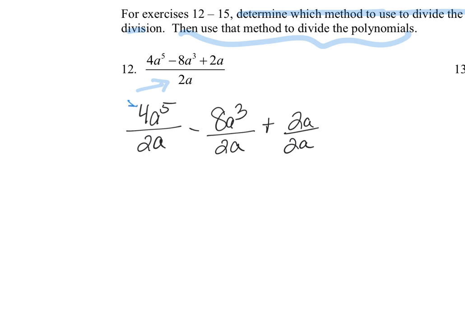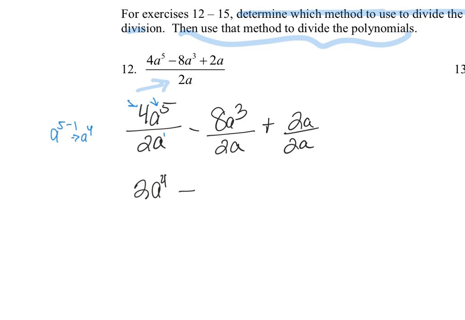First, I'll divide this fraction. 4 divided by 2 is 2, or 2 over 1, if it helps you to write that. And then I'll look at the base of a. I have a to the 5th minus a to the 1st. They're divided, so you subtract. And so that leaves me with a to the 4th, which would remain in the numerator because it's positive.